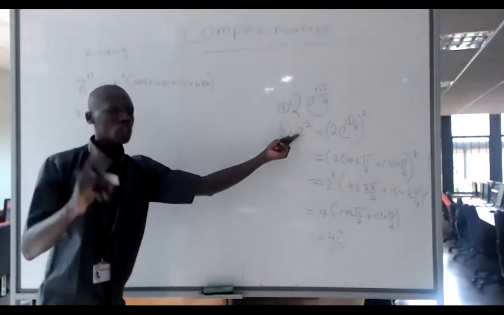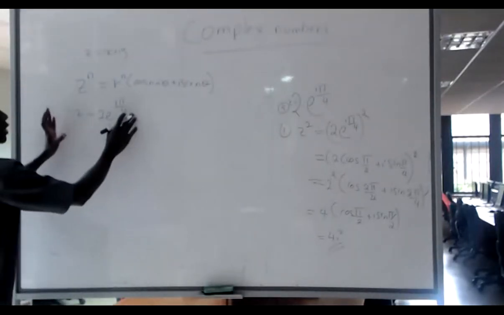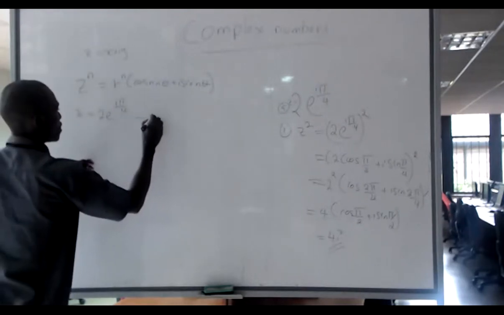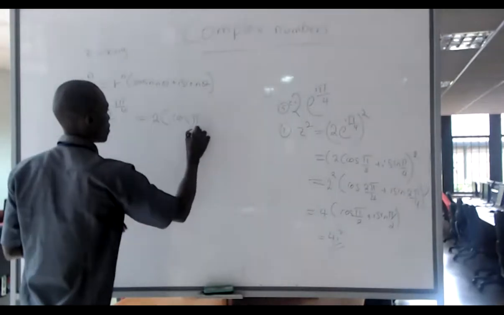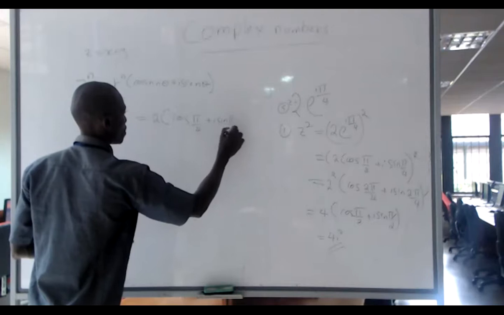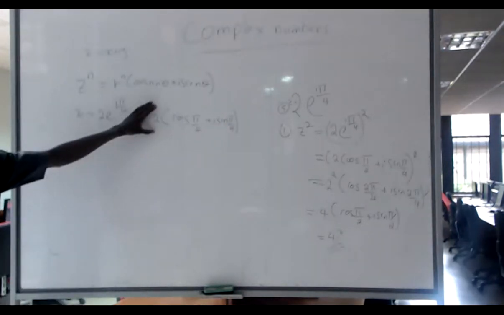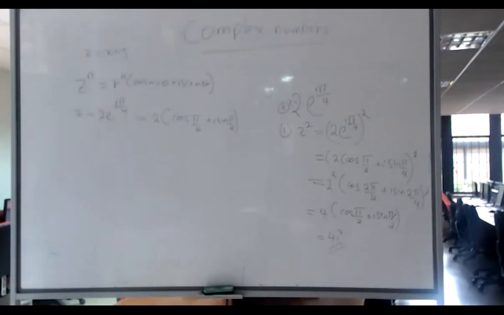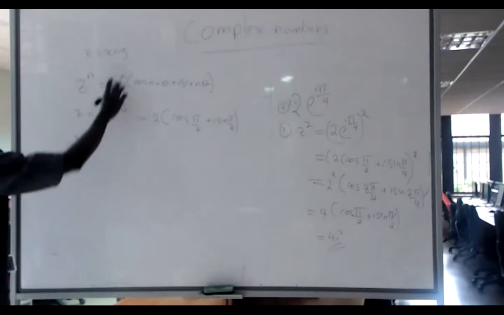So in that case, n is 2. So remember, by Euler's formula, this is the same as 2 times cosine of pi divided by 4 plus I sine of pi divided by 4. Are we together up to this point? Yes. Good.